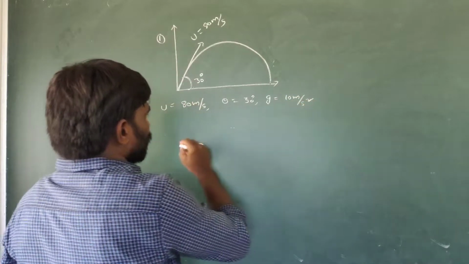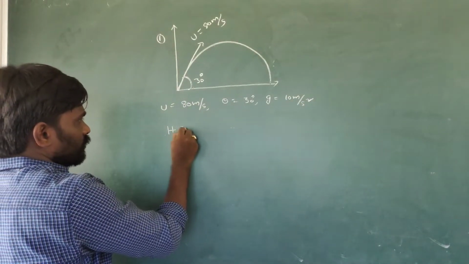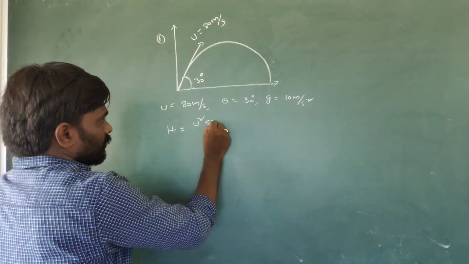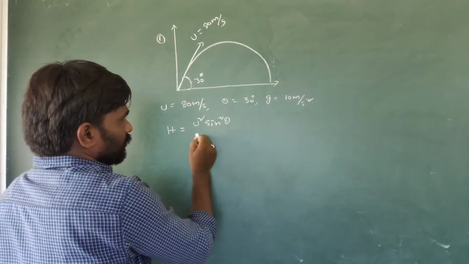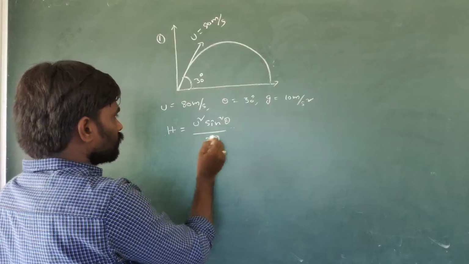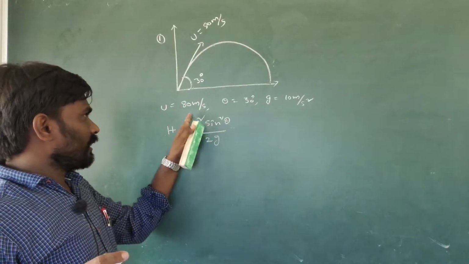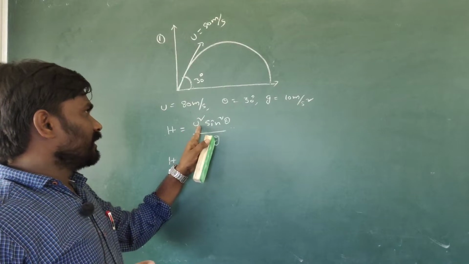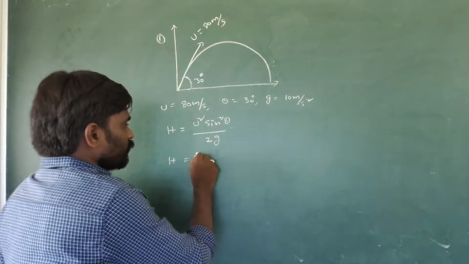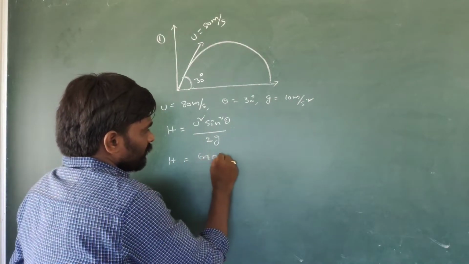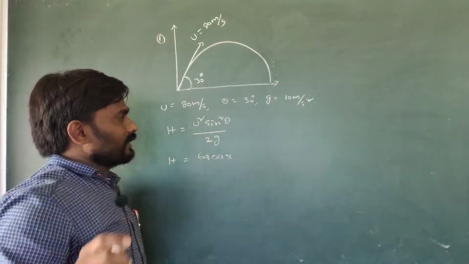First, the maximum height formula: h is equal to u square sin square theta by 2g. U square means initial velocity 80 into 80, which is 6400, into sin square 30 degrees.